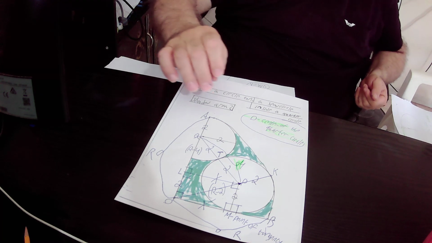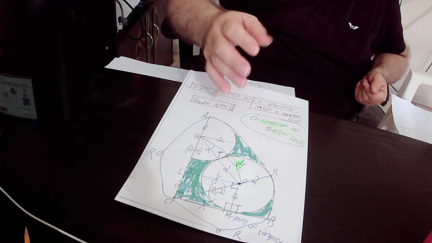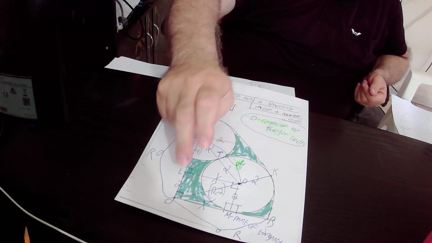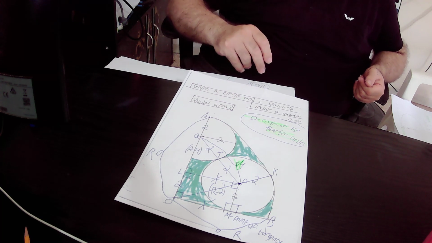By drawing the perpendicular from point Q, by this construction, we created the quadrilateral LPOM that has 3 right angles.